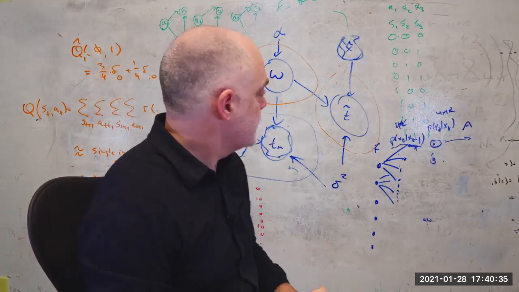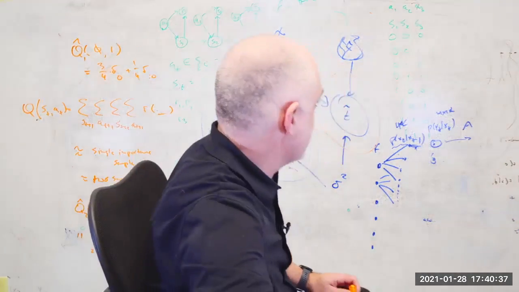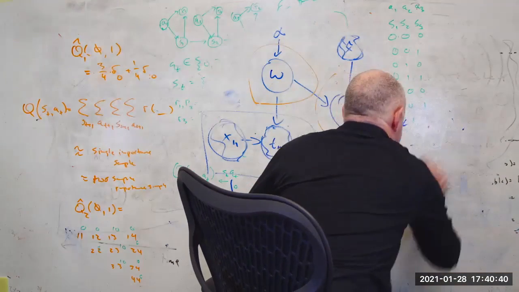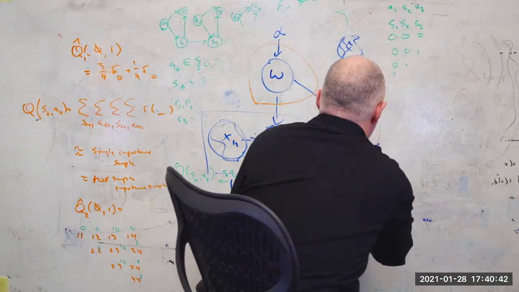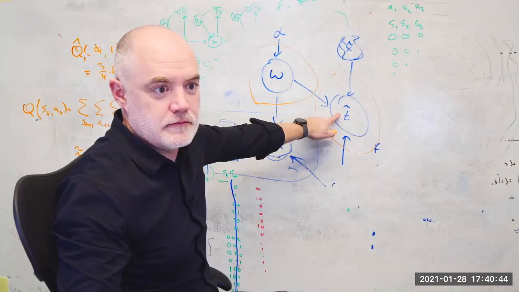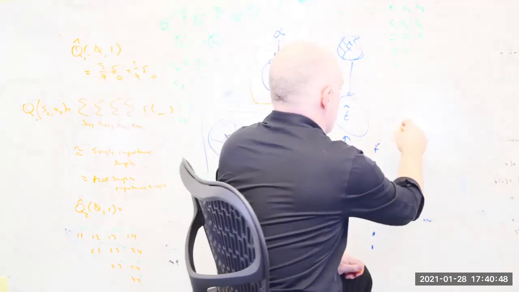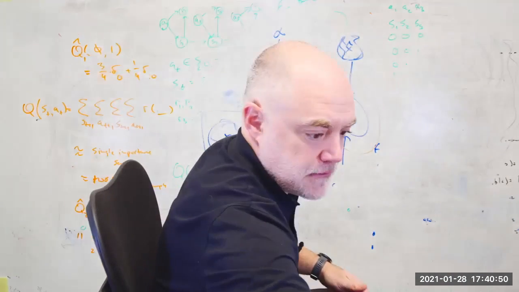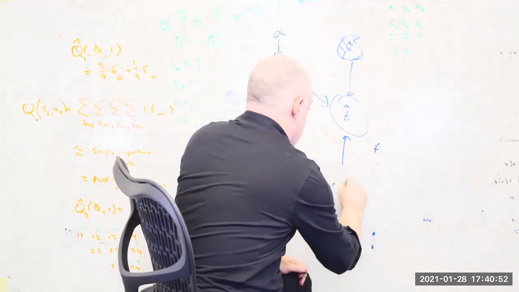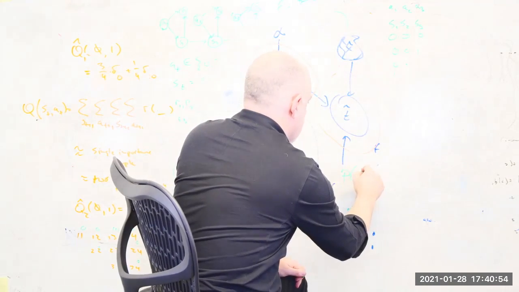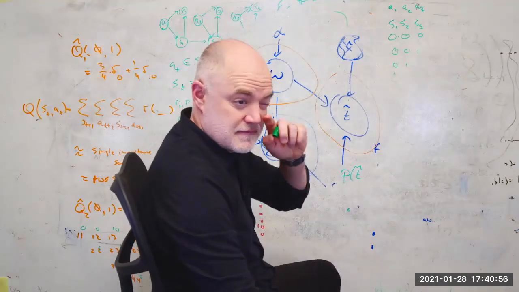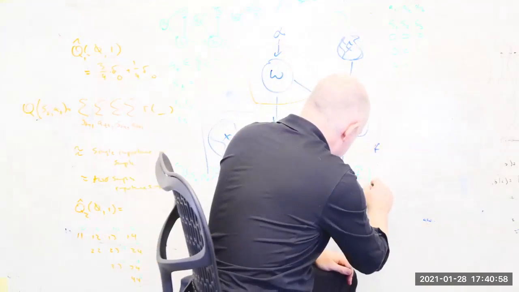Let's look at this one for a second. What we need is P of T hat given everything else.